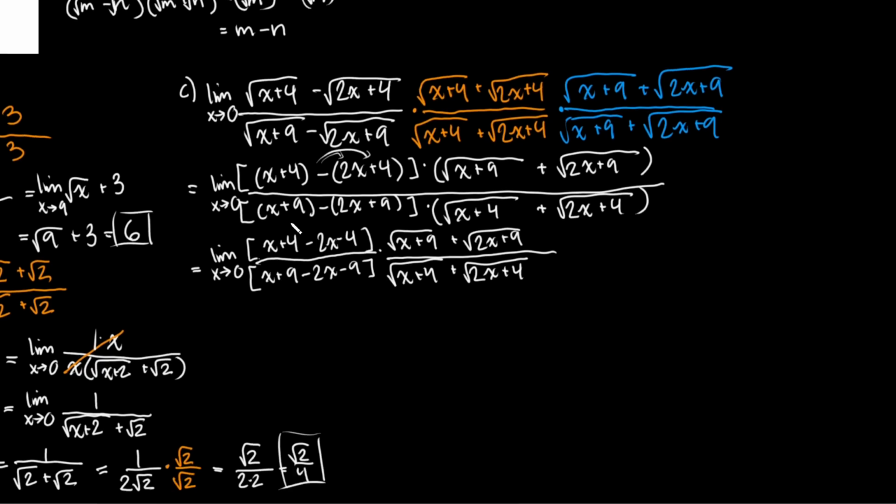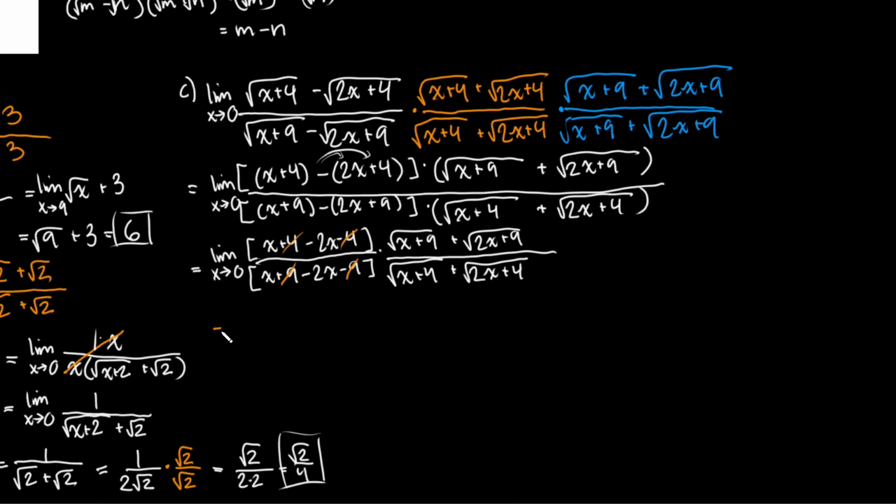Now we probably should simplify this part. So if you noticed, 4 minus 4 cancels out, 9 minus 9 cancels out, and we're left with x minus 2x, which is negative x, and x minus 2x, which is negative x.